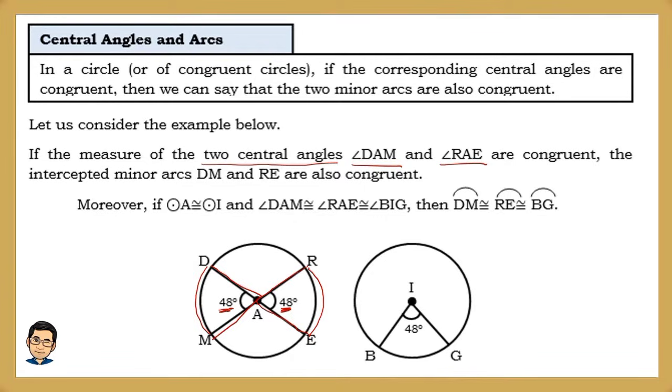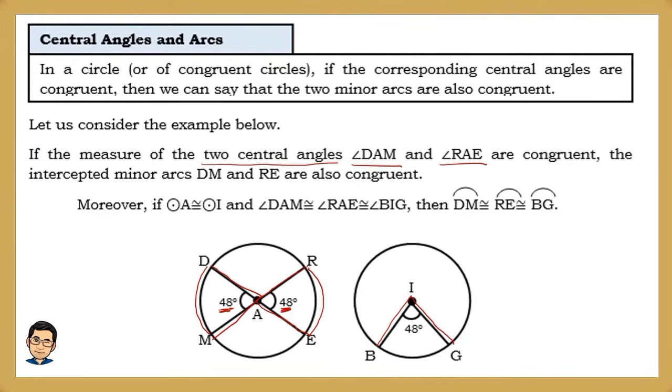So, moreover, if circle A is congruent to circle I, so dito naman, congruent circles, circle A and circle I, and angle DAM is congruent to angle RAE, and then is congruent to angle BIG. So, tatlong central angles na yung congruent.